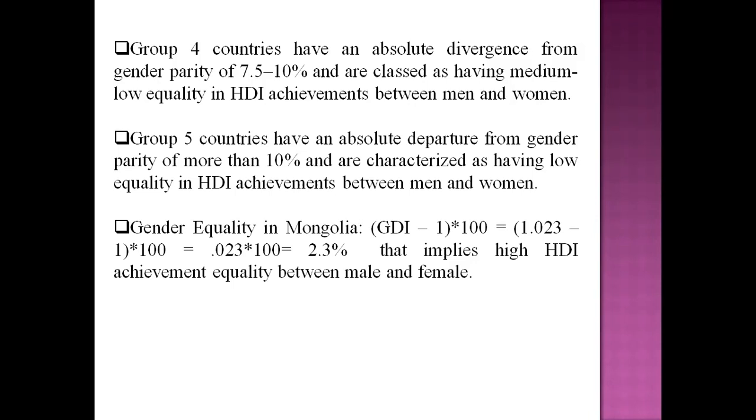So we have to calculate gender equality in Mongolia in these three dimensions of HDI. In Mongolia, GDI minus 1 times 100 equals 1.023 minus 1 times 100, equals 0.023 times 100, that is 2.3%.